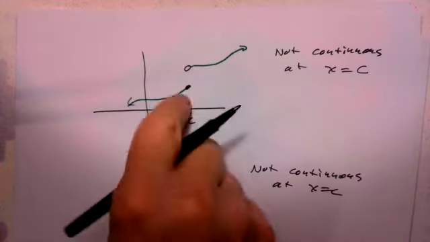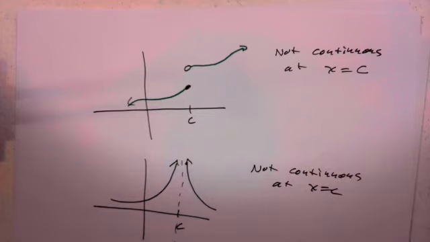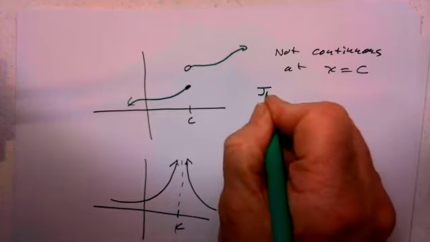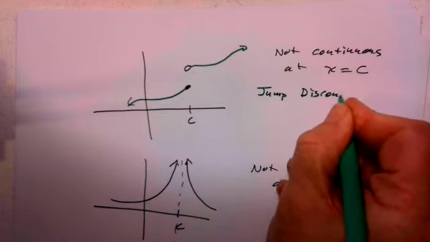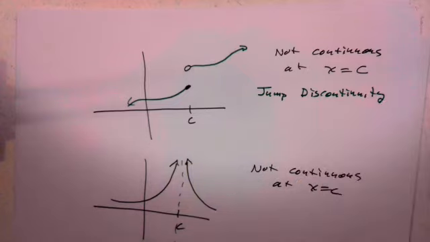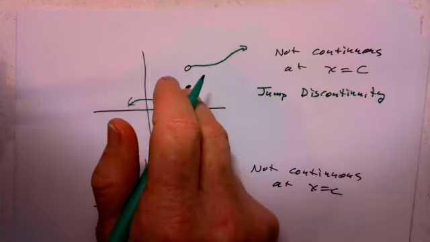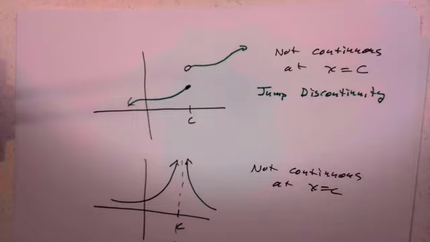Over here, notice we have two pieces, probably a piecewise function. This is called a jump discontinuity. So again, as I approach C from the left, it's heading to one point. As I approach C from the right, it's heading to a different point.